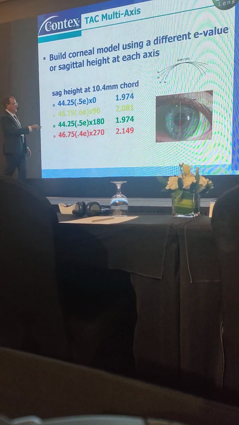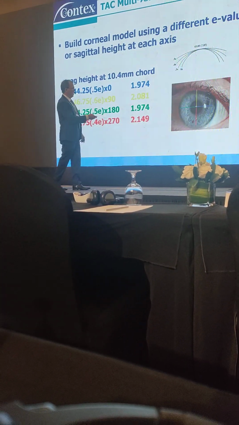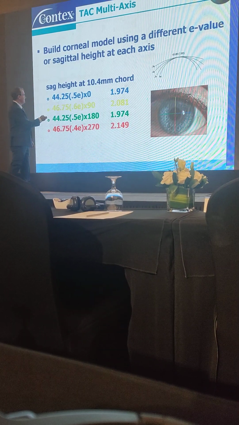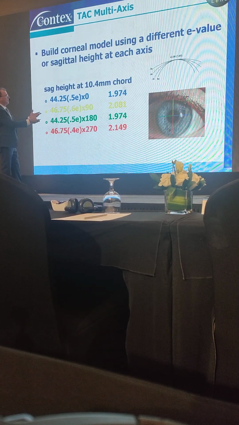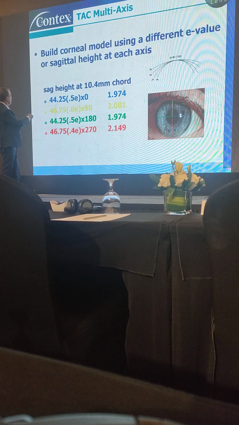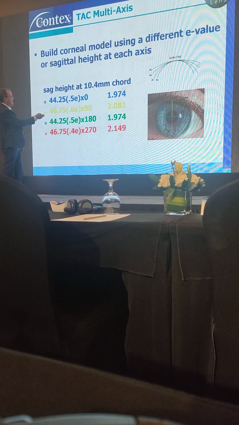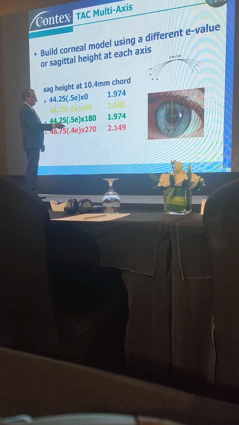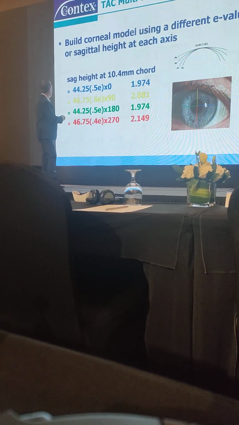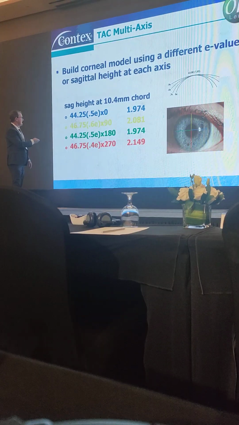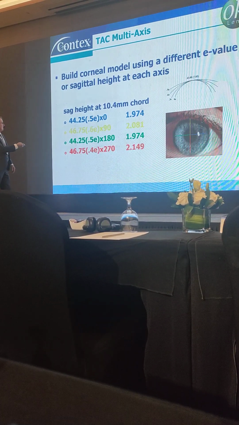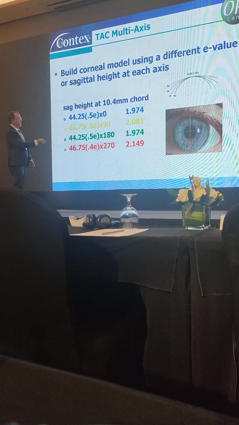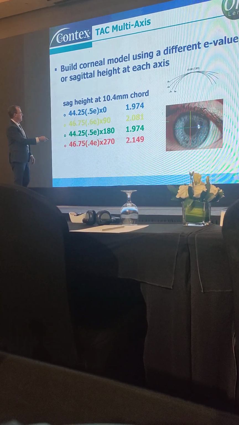So in this case, we're looking at this cornea where we have 4 different quadrants here, where blue is and we're simulating this, but a 44 1/4 with a 0.5E would have a sag height of 1.974, and that would be this meridian here. At axis 90, you'd have a 46.75 with a 0.60 at axis 90, and you'd have a 2.81, that's up top.